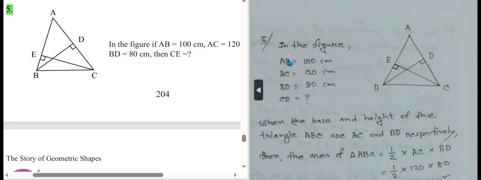Okay, we can start like that. In the figure, AB is 100 centimeter, AC is 120 centimeter, BD is 80 centimeter, and CE is what?